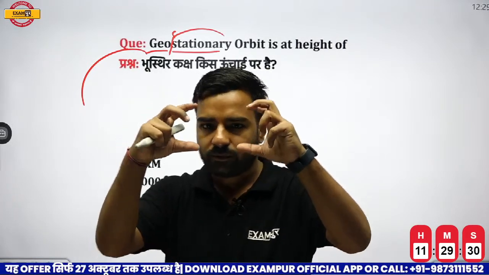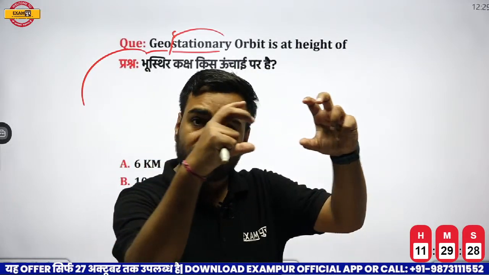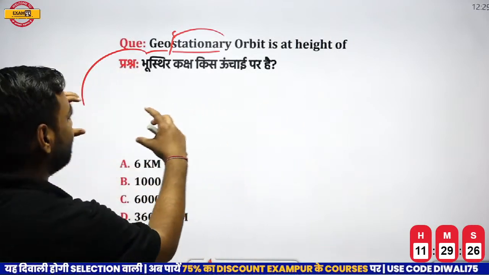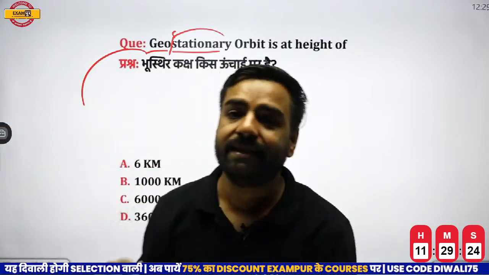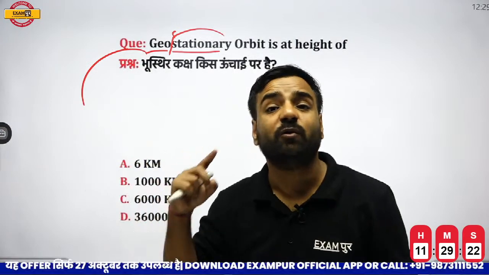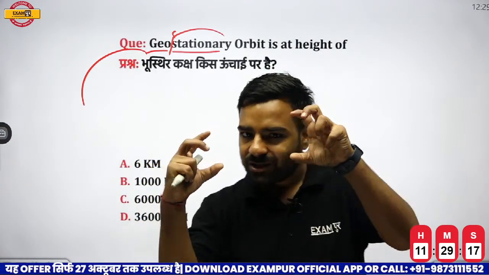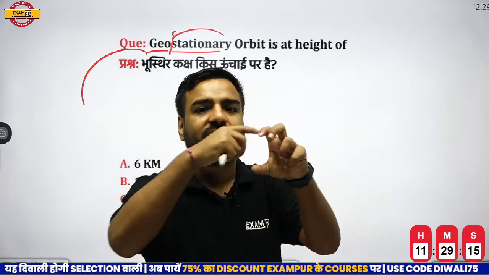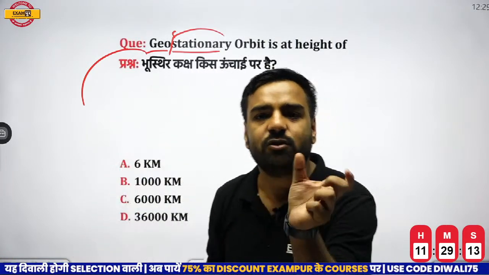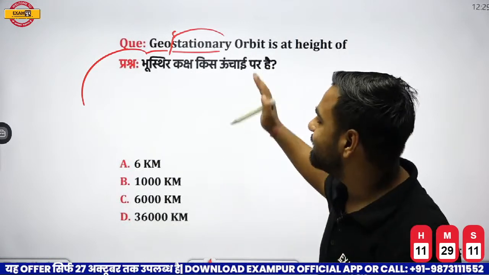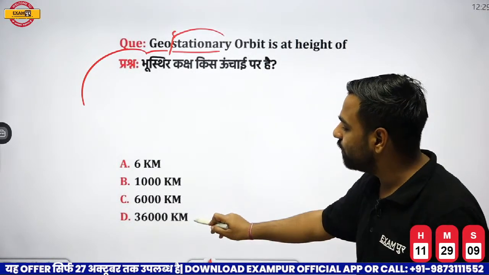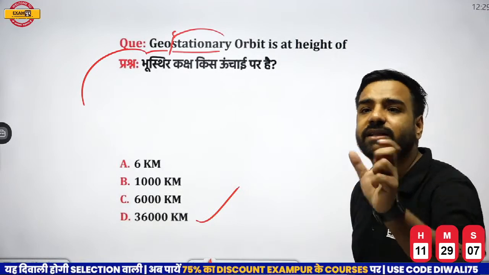Both are facing each other, and both are rotating also. The satellite's time period is 24 hours, and for the Earth also we know its rotation is 24 hours. So with this reference it seems that it is actually not moving. That's why it is known as geostationary. And these satellites are present where their orbit is at 36,000 kilometers.